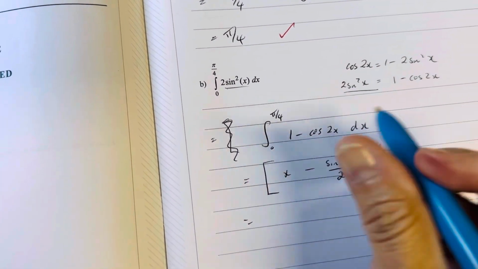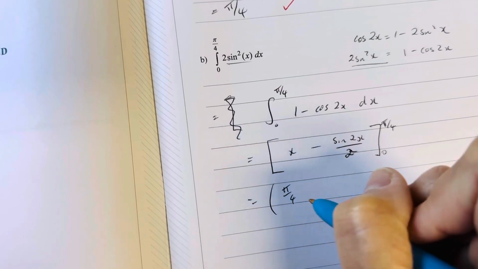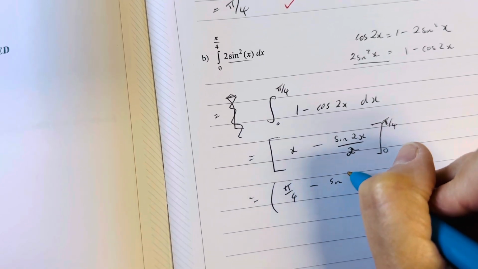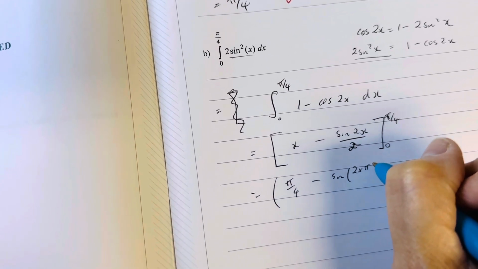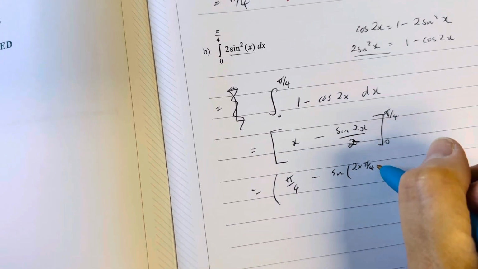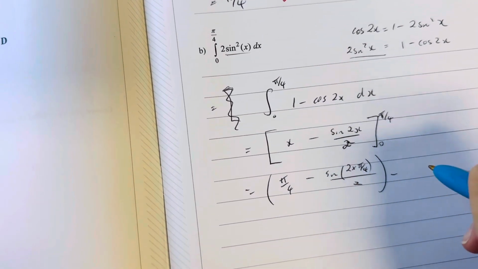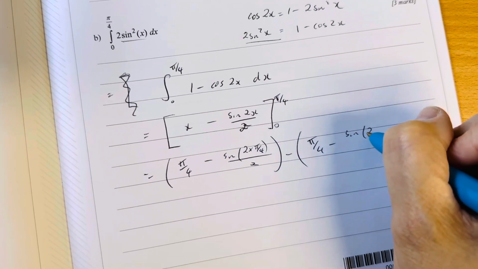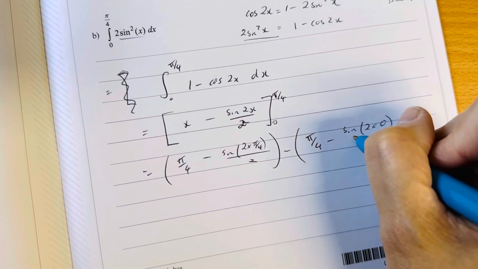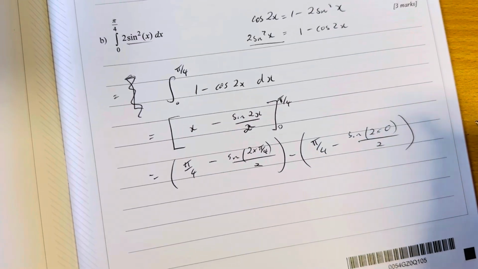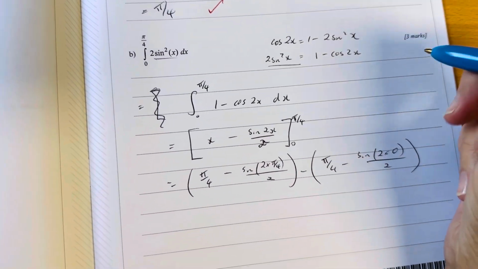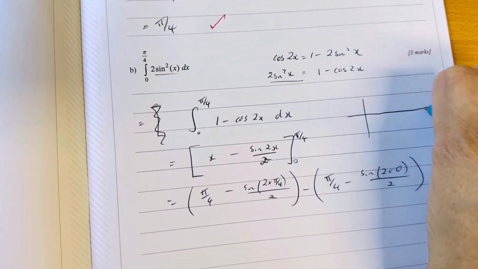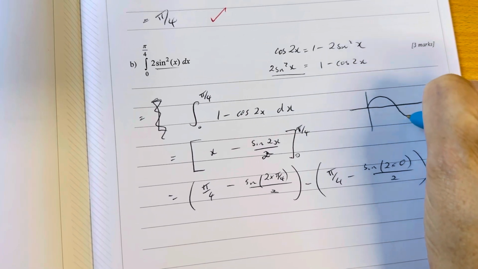And now it's a definite integral, so now I've got to add in, that's pi on 4, take sine 2 times pi on 4 over 2, take away pi on 4, take sine 2 times 0 over 2. Now if you need the prompt of your sine curve, here's my sine curve.